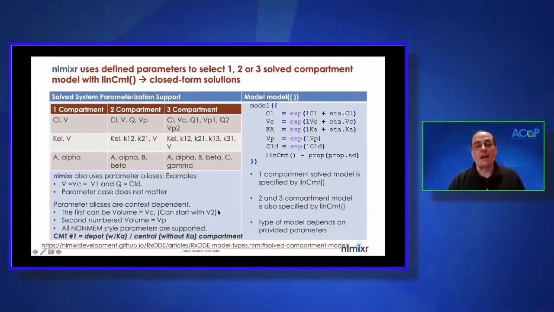If you want to know exactly what parameters it accepts, there is an article on the RxODE website about the model types in this presentation that you can go to. In this case, we also have a linear compartment model, and we have a model by proportional error and a proportional SD.